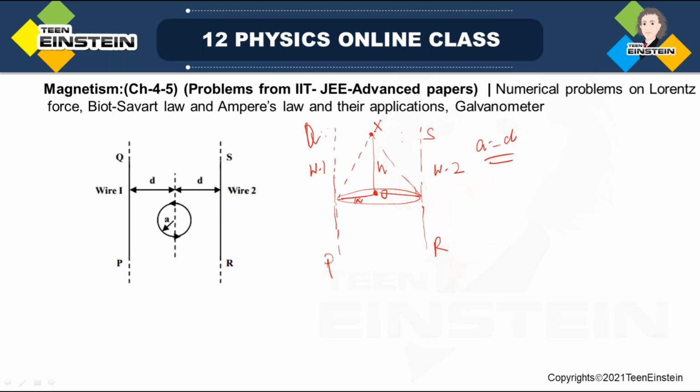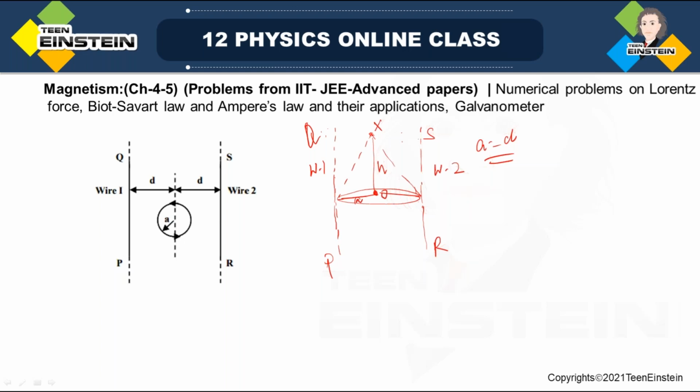See, magnetic field produced by the loop will always be in this direction. We know this, right? Magnetic field due to loop will always be along the axis, so it will be actually OX direction.